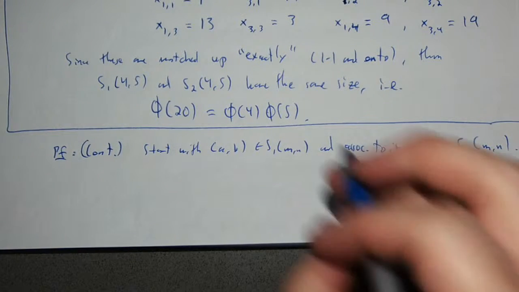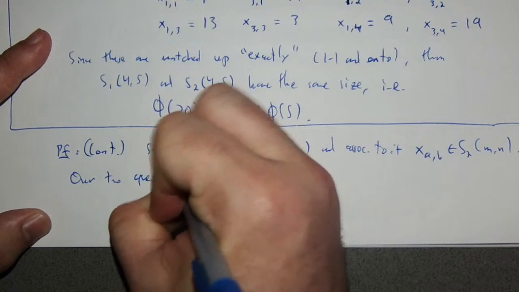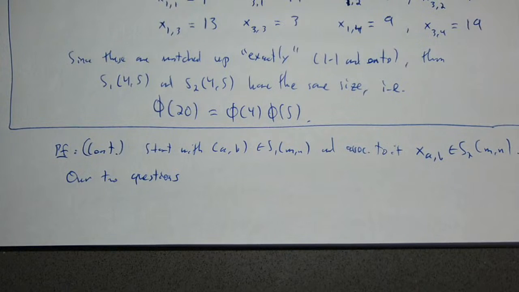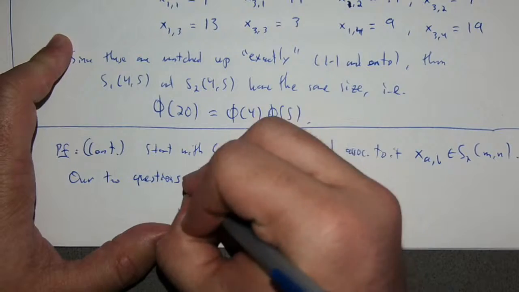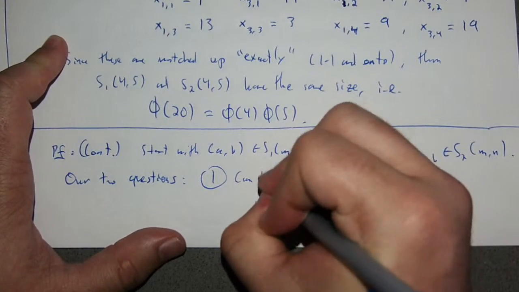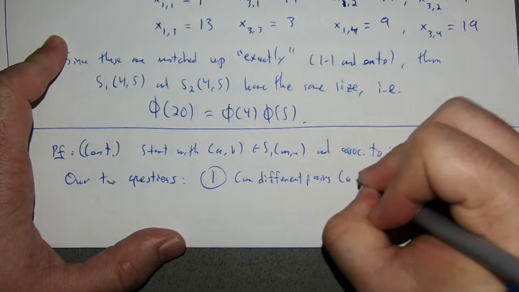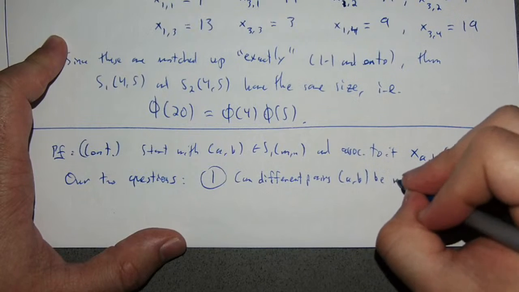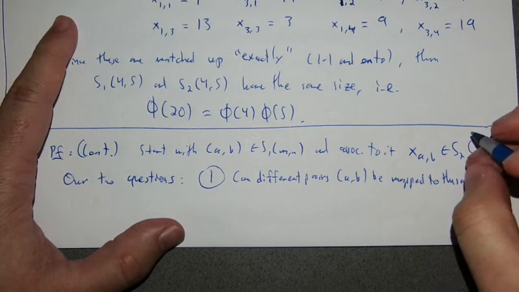Okay, so our two questions. If we can suitably answer these questions, then we're done. So our two questions. One, can different pairs (a, b) be mapped to the same x sub ab?